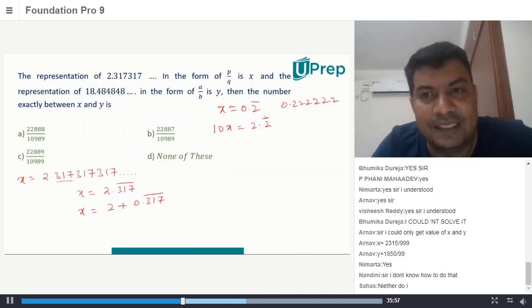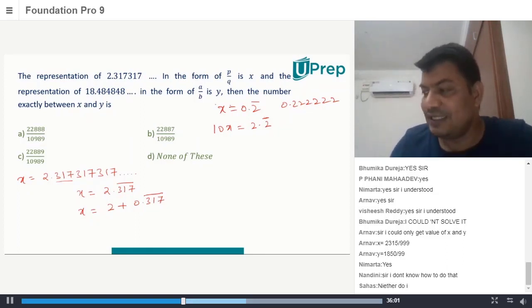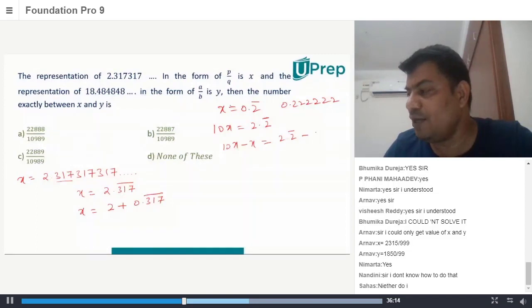Now, why are we doing this? By doing this, when I subtract 10x minus x on the left hand side, and on the right hand side 2.2 bar minus 0.2 bar, I'm subtracting the first equation from the second equation.